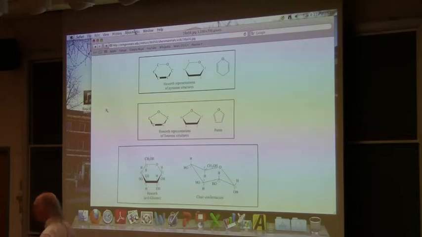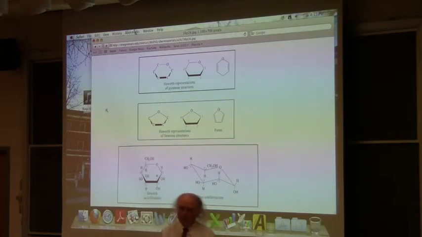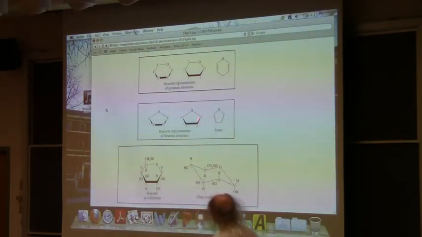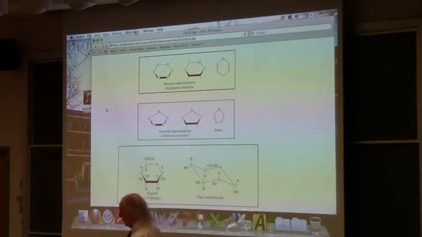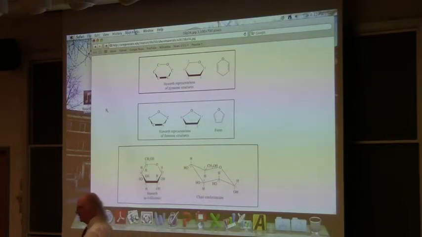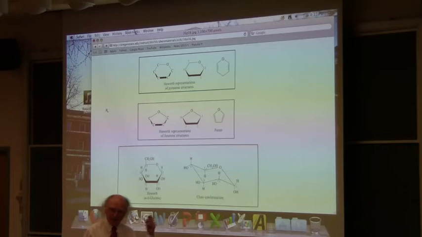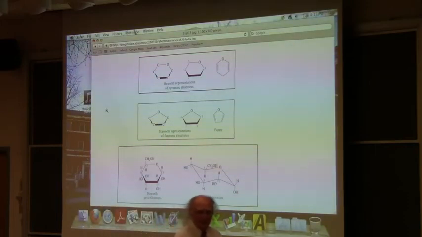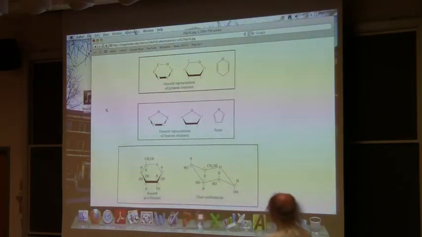Furanose means 5, F for 5, 1, 2, 3, 4, 5. And when we have that for fructose, that means carbon number 1 is sticking above the ring, and carbon number 6 is also sticking above the ring. So I'll draw a figure for you tonight and give you the fructose in that configuration that you can see tonight.